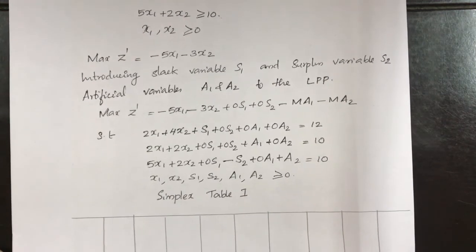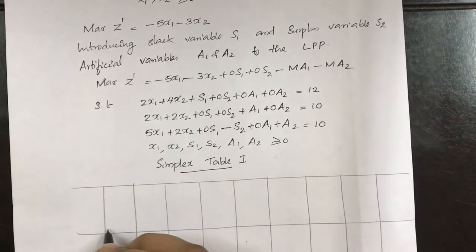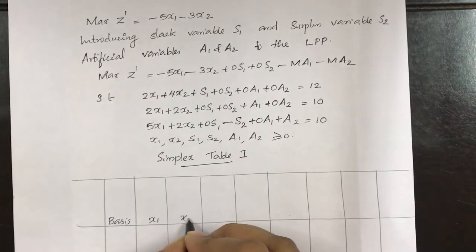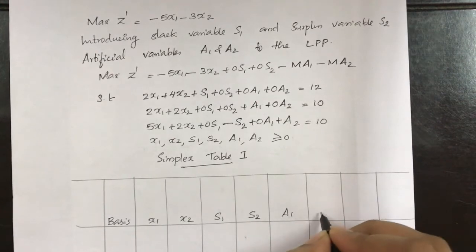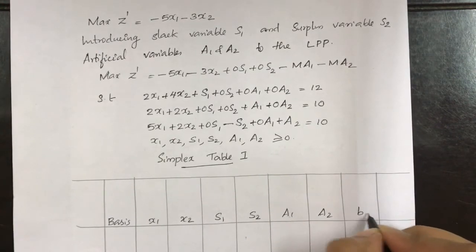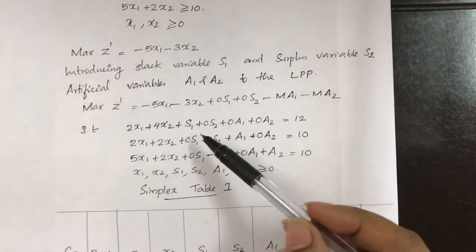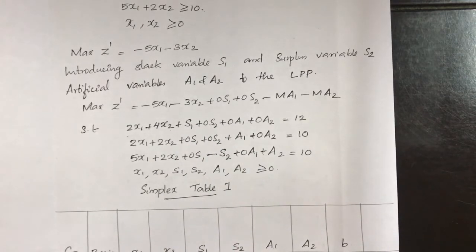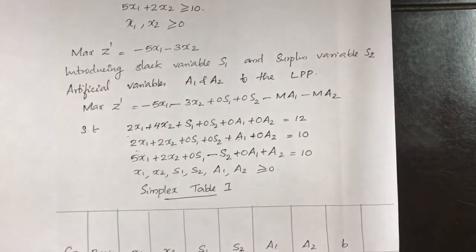So we are going to write the initial basic feasible solution, that is simplex table 1. Here basis, x1, x2, s1, s2, a1, a2, b. Then cost of b, which are the bases: in the first equation, S1 is the basis. In the second equation, the basis is a1, third a2.